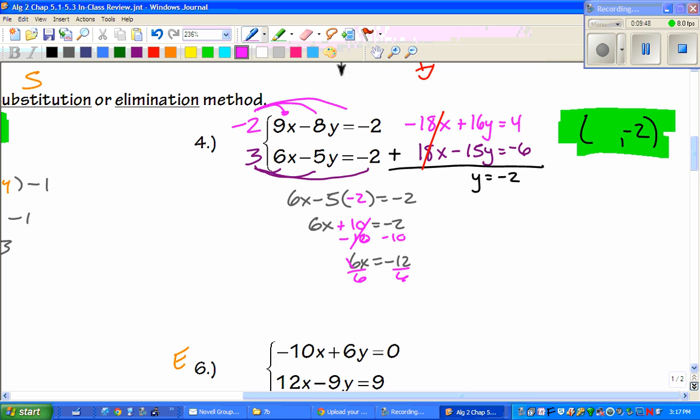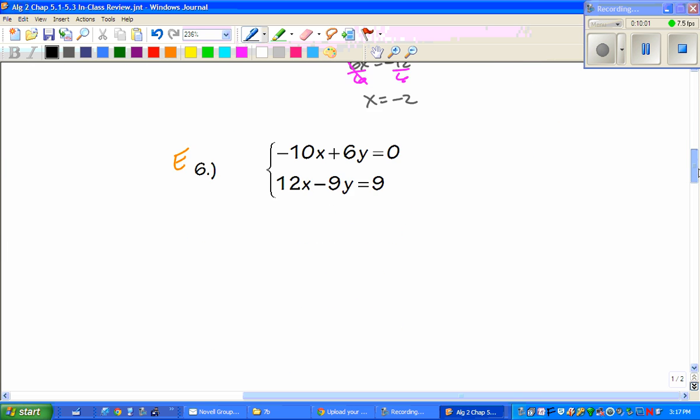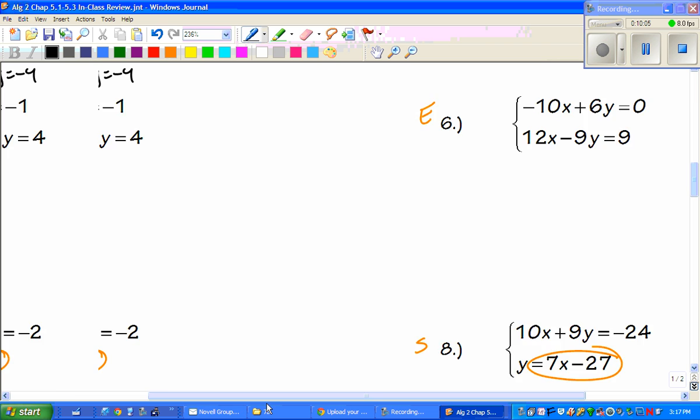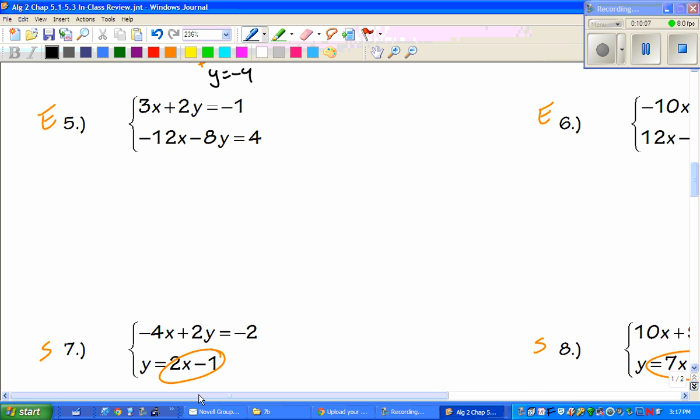Divide both sides by 6. And you get x equals negative 2. So negative 2, negative 2 is your point. All right, let's move on over to number 5.